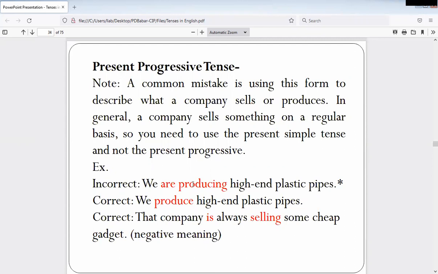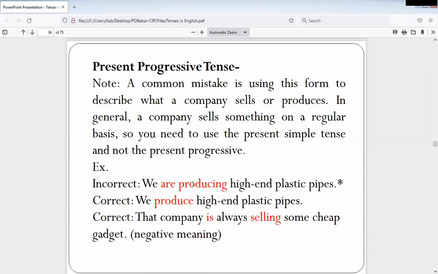Talking about salesmen, if we are doing the job of a salesman, then when we say our company is producing, or our company is manufacturing these products, if we are telling these sentences to someone, then these sentences can be treated as incorrect.